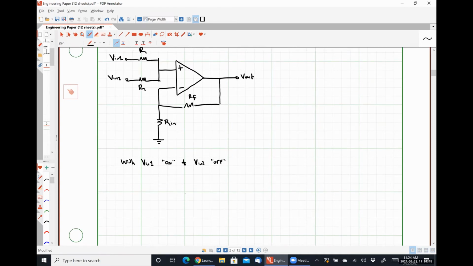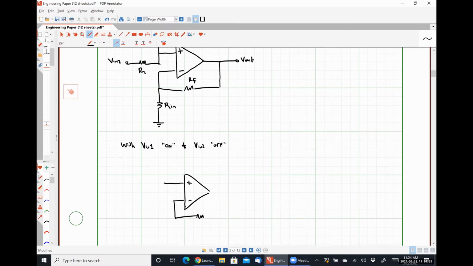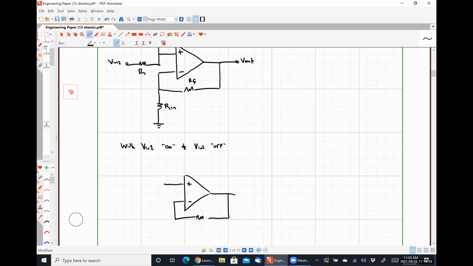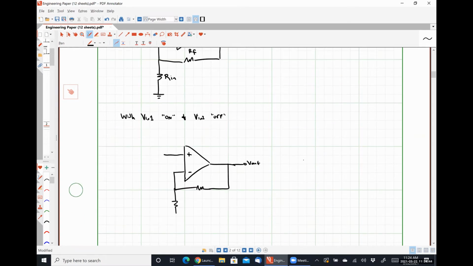Our circuit would look like this. Scroll up, there we go.